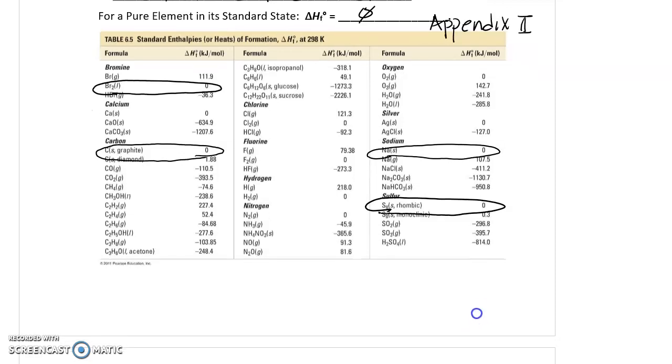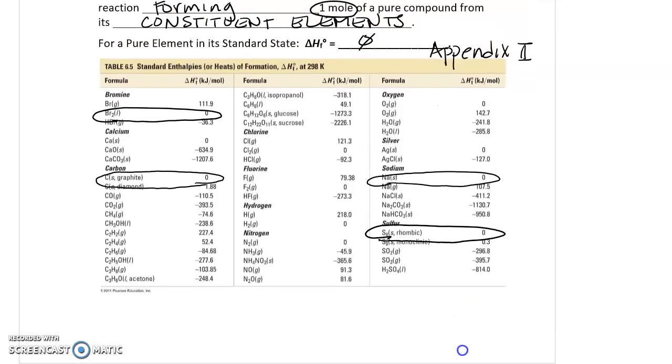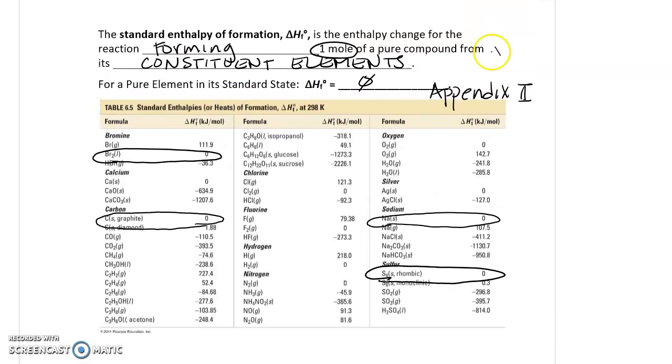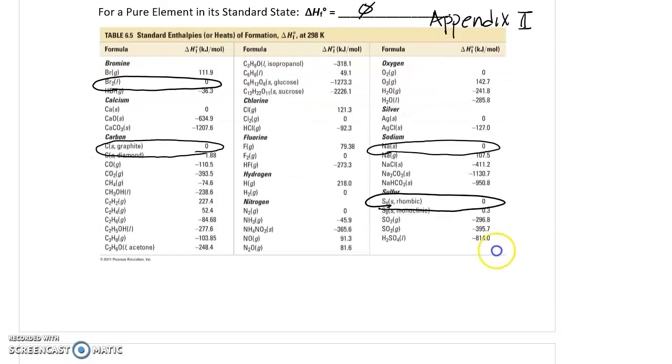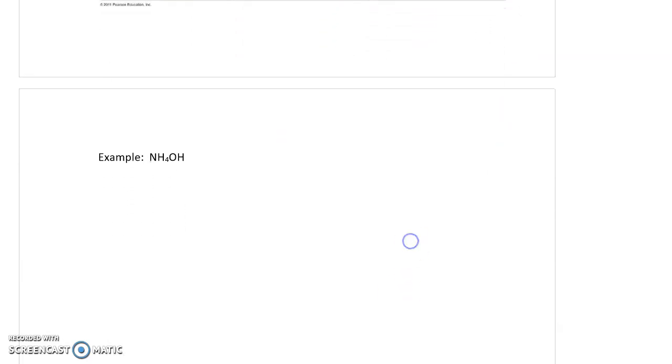Now let's take a look at what it means by forming 1 mole of a pure compound from its constituent elements. We're going to look at ammonium hydroxide for this.